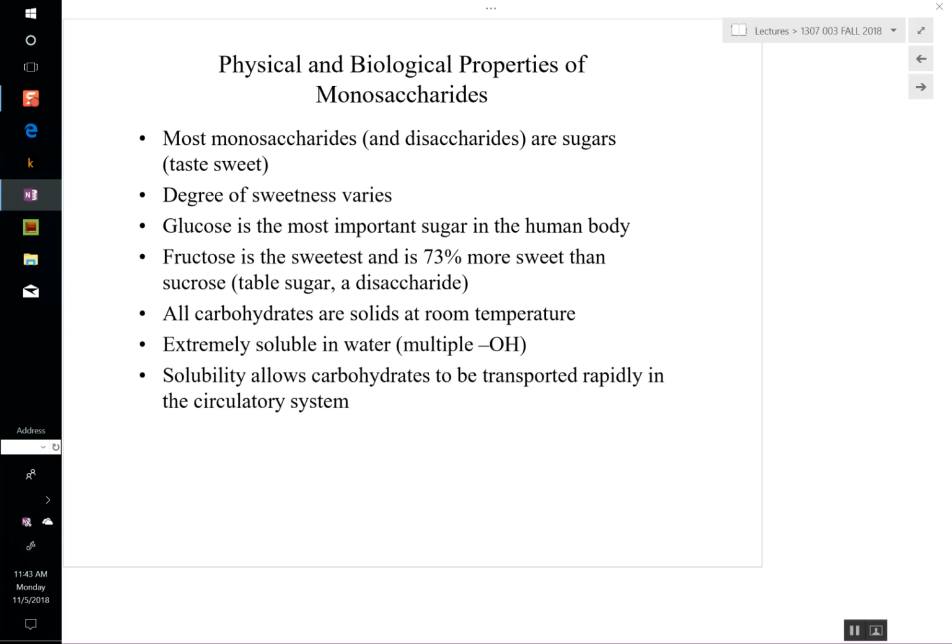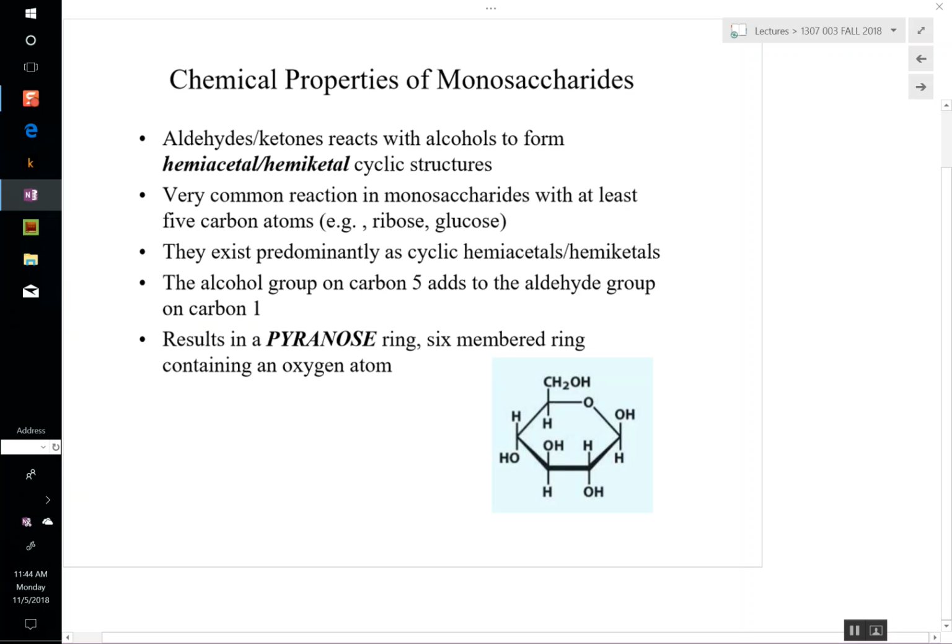Gram for gram, the fructose actually seems sweeter than glucose. They're solids at room temperature. Go home and look at your sugar bowl or a bag of sugar. You evaporate off all the water, and what do you have? You got white crystal solids that are very soluble in water. Why? Because of all the OHs, and it allows it to be transported easily.